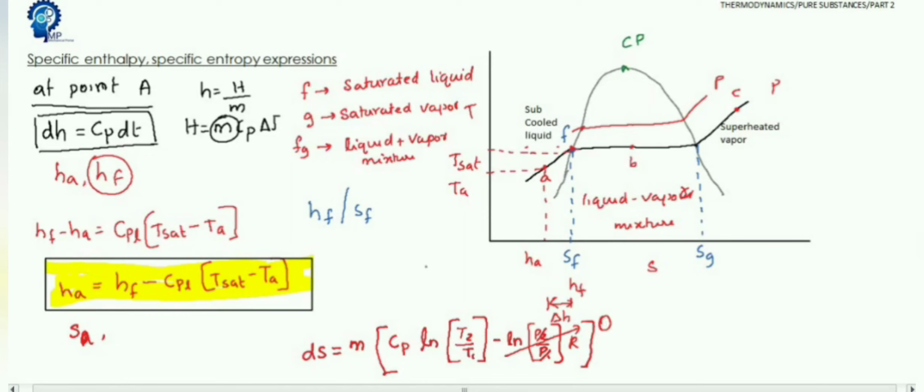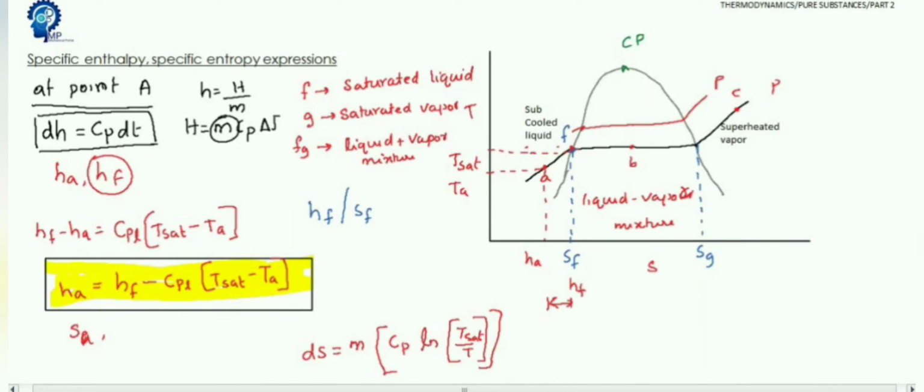Now we have the equation ds equal to m Cp log T2 by T1. Here T2 is the temperature at the second point, which is the saturation temperature, so I can write Tsat by T1.